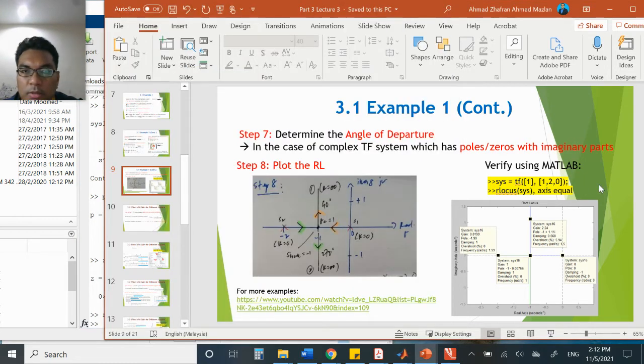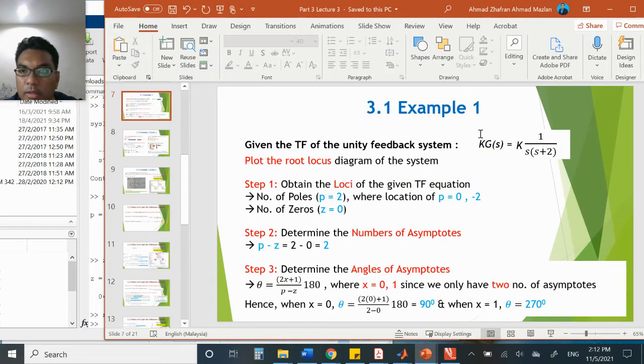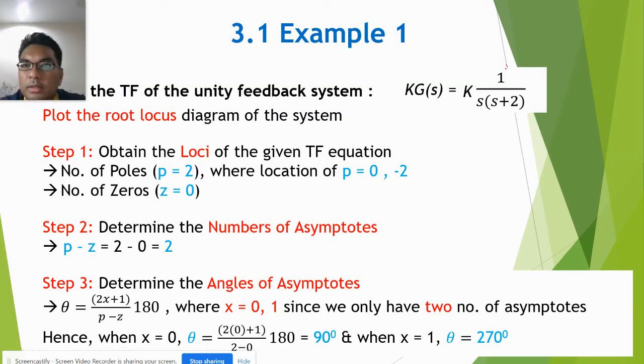You have the 1 at the top, and the bottom is s squared plus 2s plus 0.